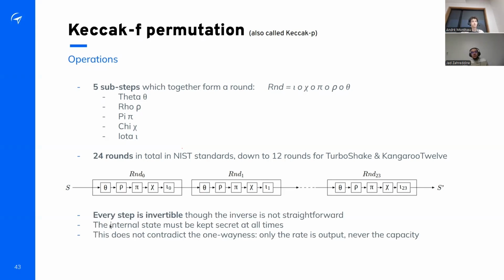Finally, it's important to note that every step is invertible, though the inverse is not straightforward. But the internal state must be kept secret at all times, at least the capacity part. And this does not contradict the one-wayness of the function, the fact that it's invertible, because we only output the rate. We never show the capacity. So having a bigger capacity makes it more difficult to invert.